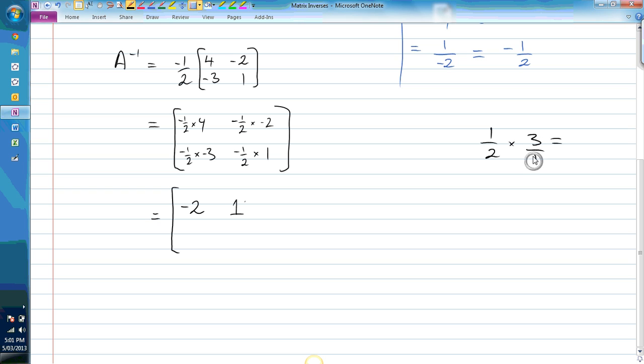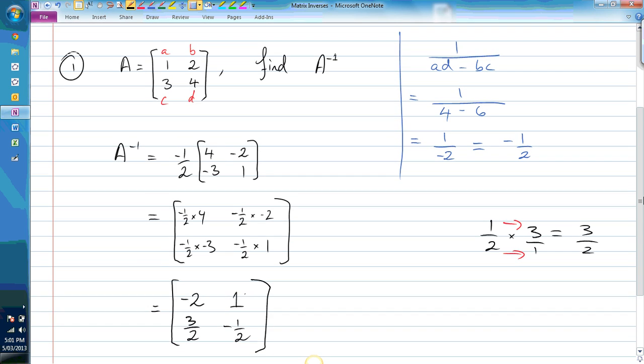The way to do that, think about 3 as 3 on 1, and we multiply along the top and along the bottom, so we get 1 times 3 is 3, 2 times 1 is 2, so it's 3 on 2. Positive because we've got two negatives multiplied together. And finally, negative a half times 1 is just negative 1/2. And so this is the inverse matrix of the matrix 1, 2, 3, 4.